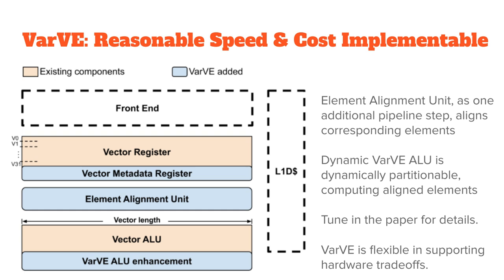Then, an element alignment unit is added as an additional pipeline step to align the corresponding values before the VarVE ALU. Most importantly, the VarVE ALU unit is dynamically partitionable based on the element alignment to carry out the operation only using datapath bits as needed by the two aligned values. Please turn to the paper for more implementation details.